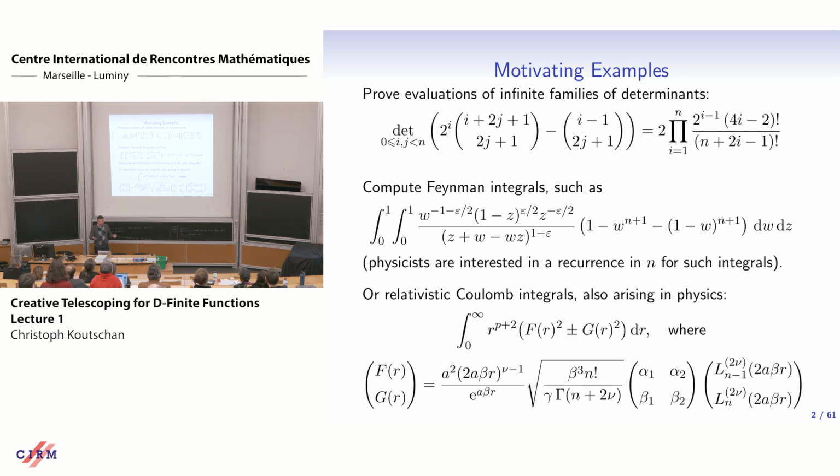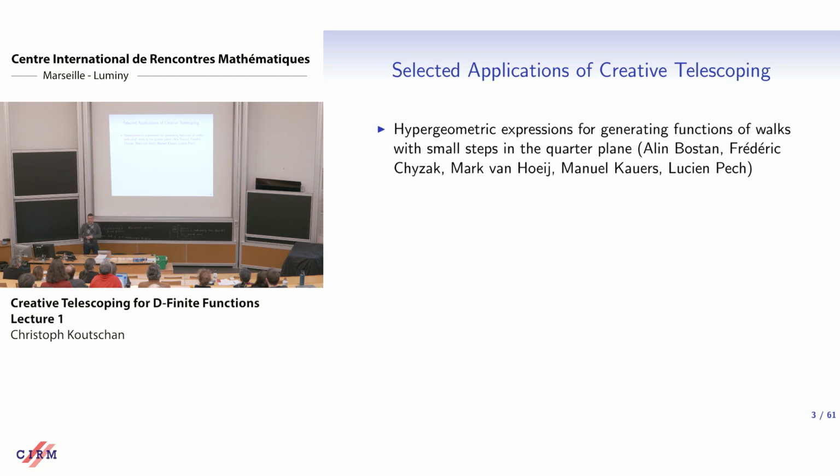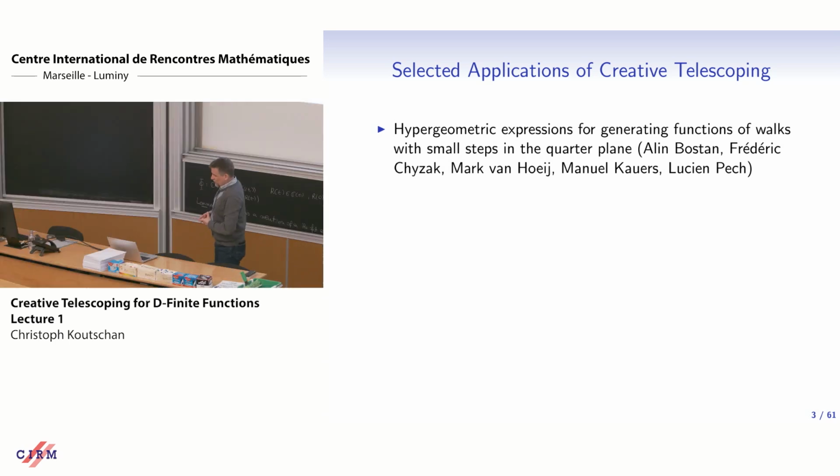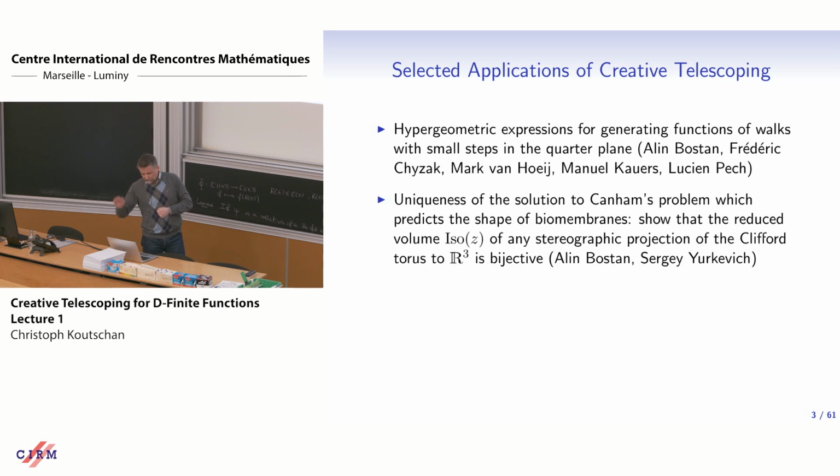Another piece of motivation is a random survey of applications that happened in the past years of mostly people who are sitting here in the audience. So, for example, Alin Bostan, Frédéric Chyzak, Mark van Hoeij, Manuel Kauers, Lucien Pech, they have done some work where they look at random walks in the quarter plane, and they study the generating function of such walks and express them as hypergeometric functions, and this was achieved using creative telescoping.